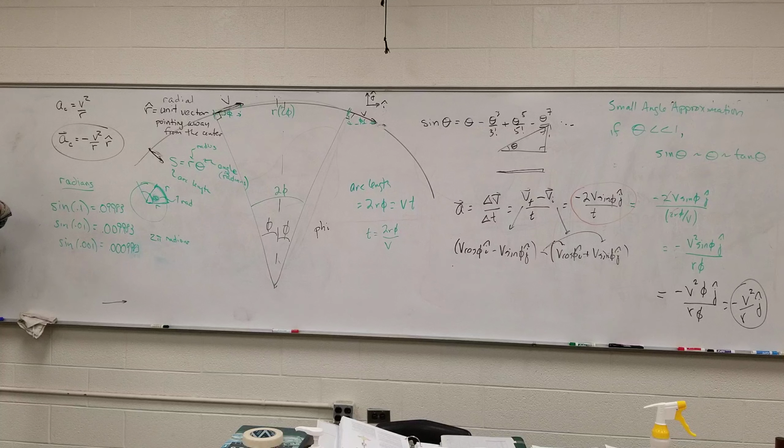Did I cut you off before you had finished working it out? No, I'm just trying to understand the difference between the radial unit vector and r. The radial unit vector is a unit vector pointing away from the center of the circle. And r is just the radius of the circle.